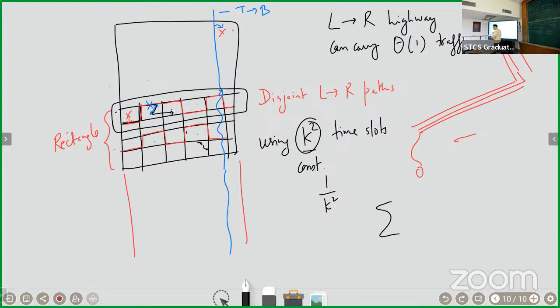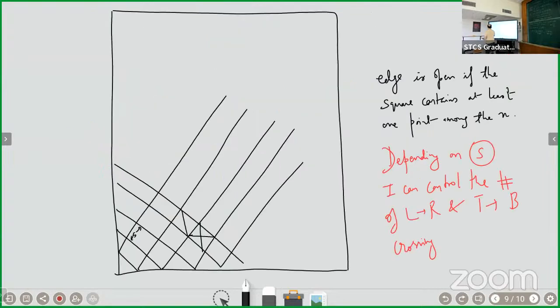So the side S is of order square root n. So that's the first starting point.